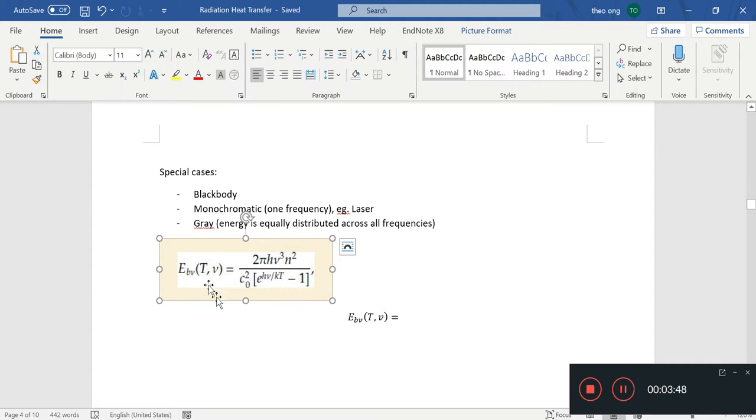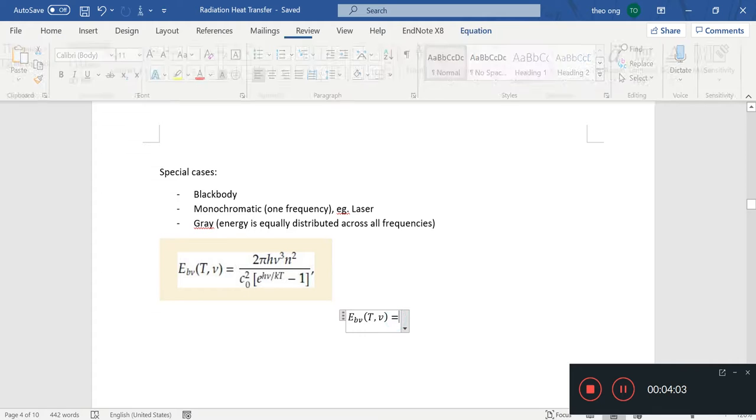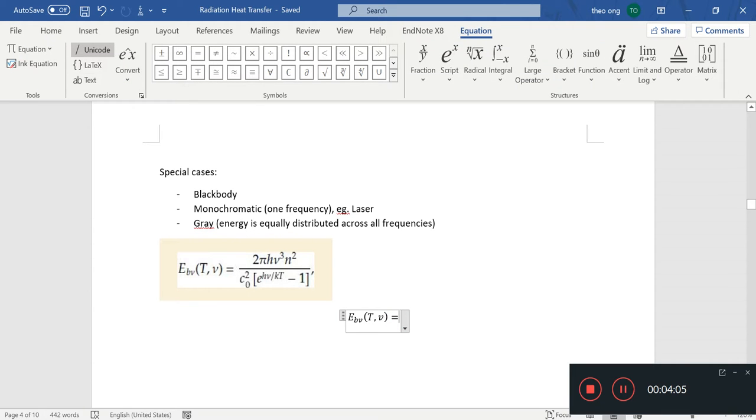One is the temperature. Obviously with higher temperature, a blackbody will emit more radiation. And just as a reminder, a blackbody is something that absorbs all the radiation incident on it, and emits radiation according to its temperature. So it is the best absorber and the best emitter.